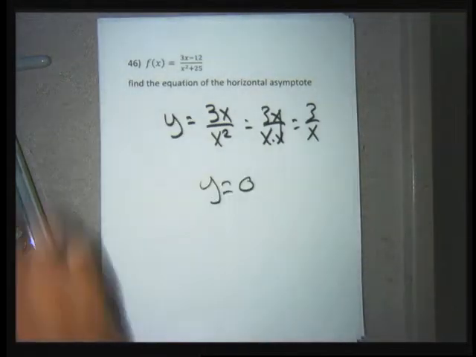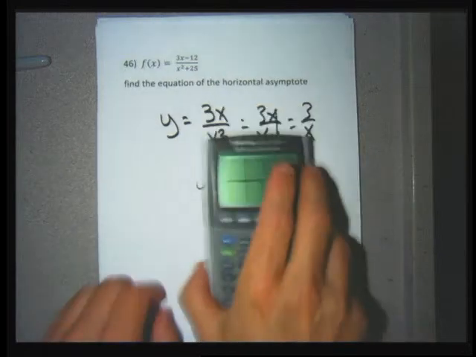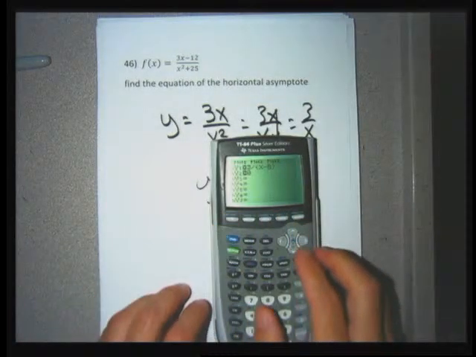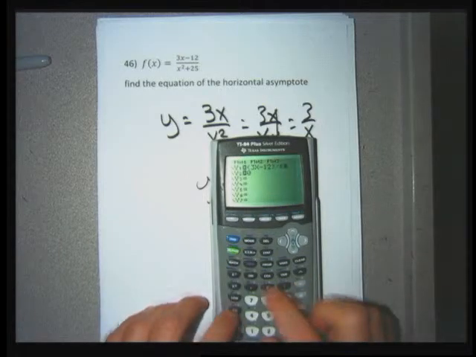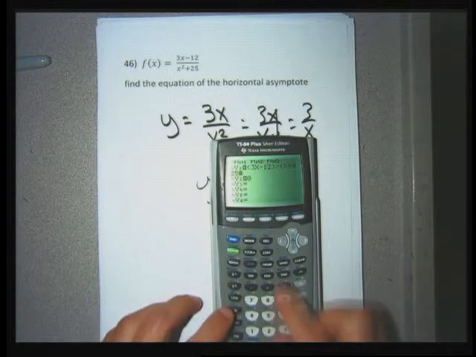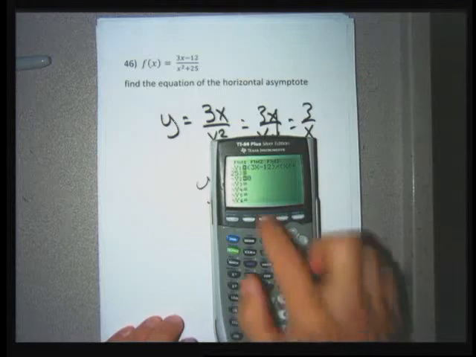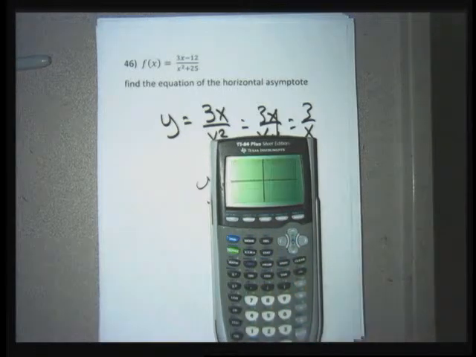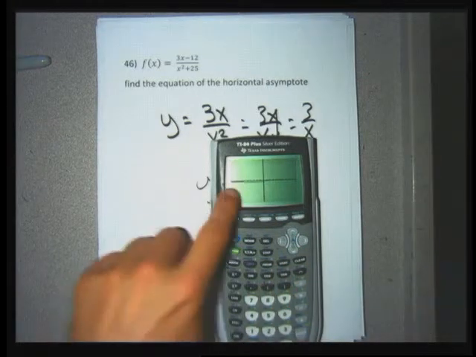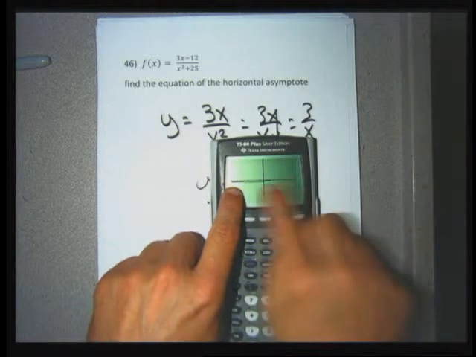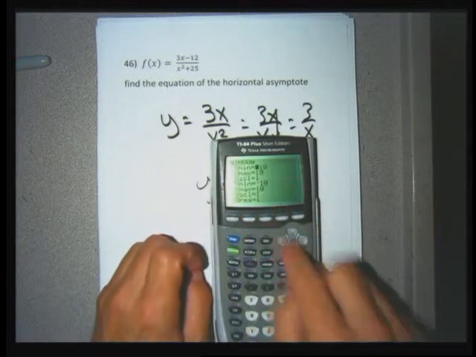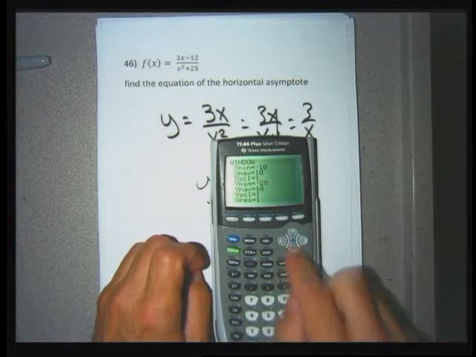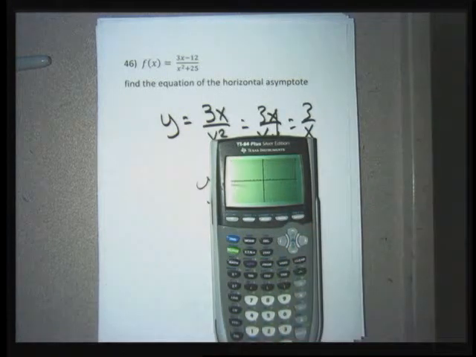Even though it doesn't have a vertical asymptote, this graph, y equals 3x minus 12 divided by x squared plus 25, is going to be drawn to the x-axis. And you'll see in this window you can't even distinguish the graph from the x-axis. If I zoomed in on my y's, maybe made my y's go to the 2's, I might see a better picture.